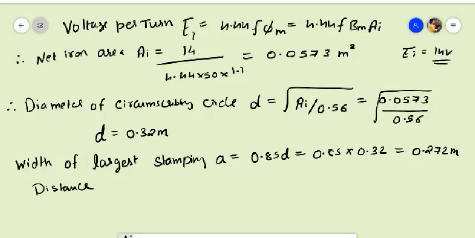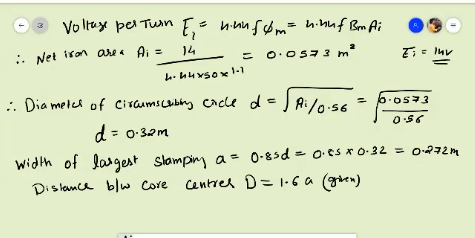Okay, and then the distance between core centers, capital D, will be equal to 1.6 A, which is given.